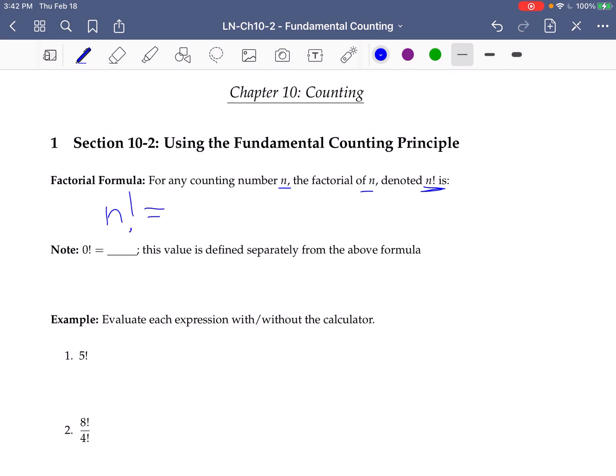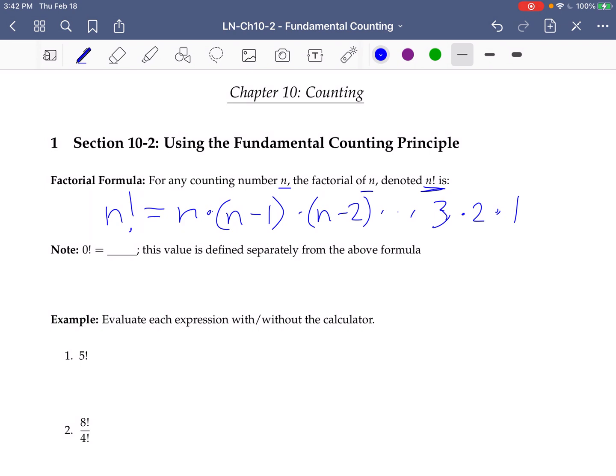is equal to, we multiply from n all the way down to 1. So n times n minus 1 times n minus 2 all the way down to 3 times 2 times 1. All right, so that's what our factorial is.